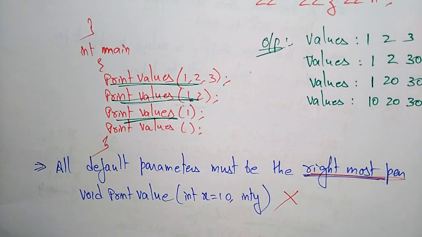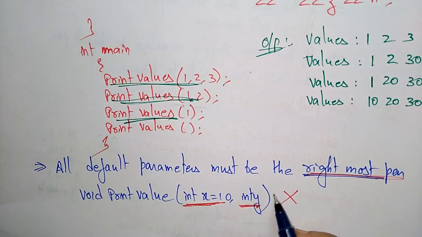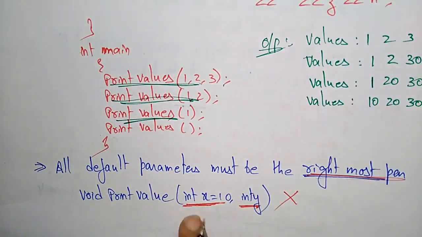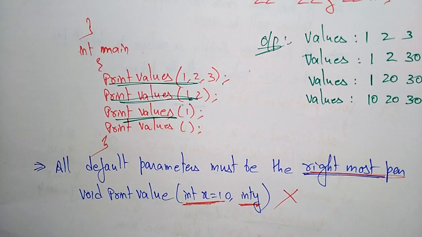So if you want to supply a default value of 10, you have to give it to the rightmost one. You cannot give it to the leftmost value if you are providing only one value. Suppose if you are providing two values, int y is equal to 20, it's okay. If you are providing only one value, first give it to the rightmost value. So this statement is invalid.